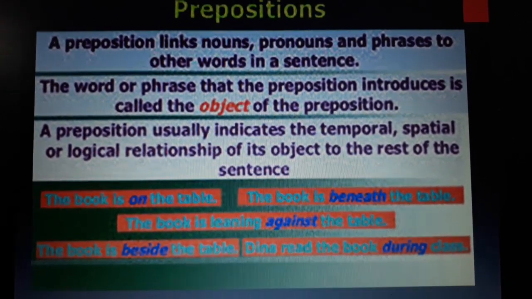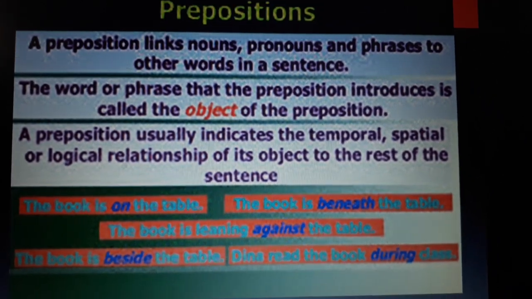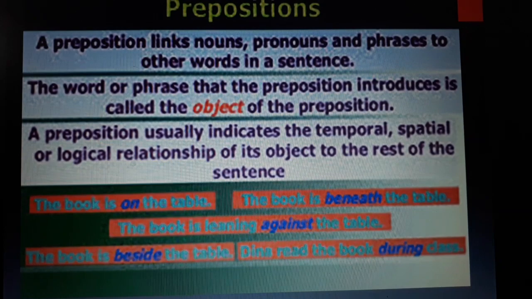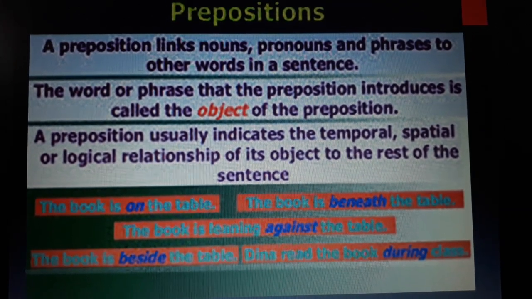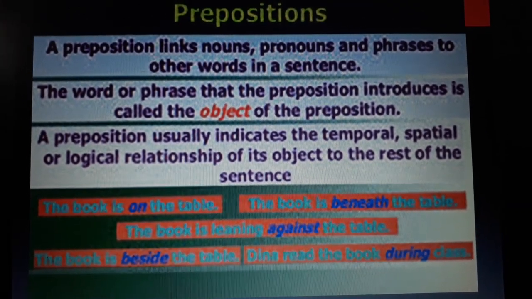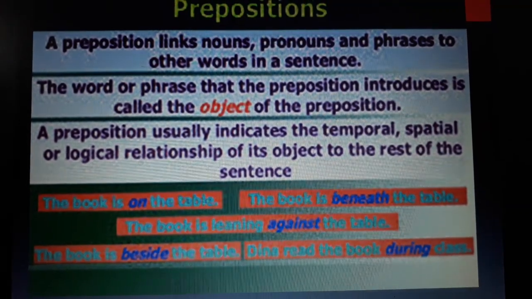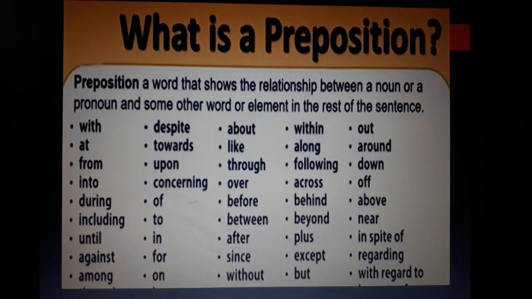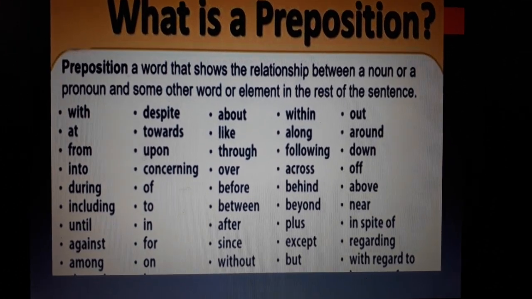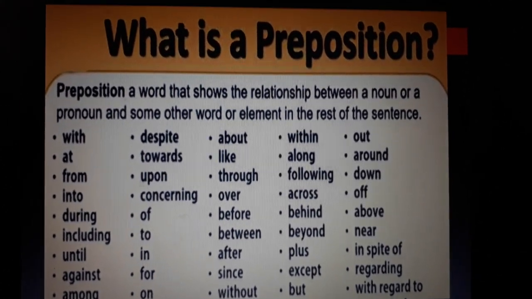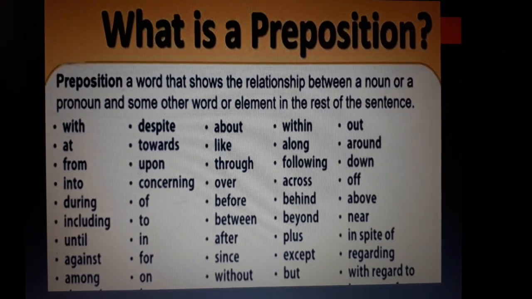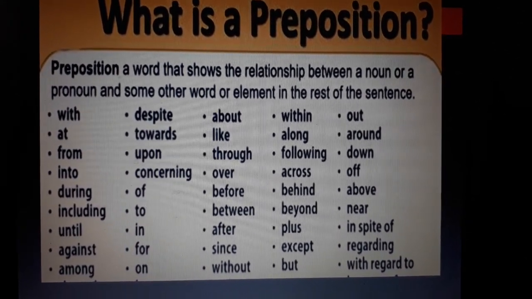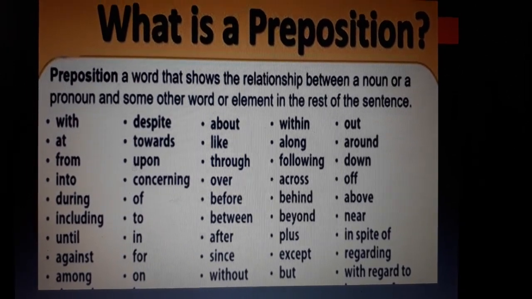That we can see, it's written a preposition usually indicates the temporal, time, spatial, place or logical, meaning how or why an object is connected to some other object, relationship of its object to the rest of the sentence. Let's have a look at some of the prepositions. We have already seen that a preposition is a word that shows the relationship between a noun or a pronoun and some other word or element in the rest of the sentence.